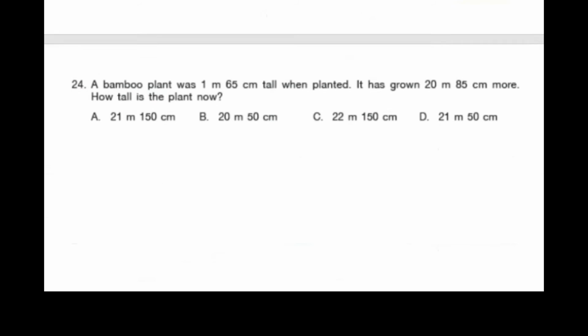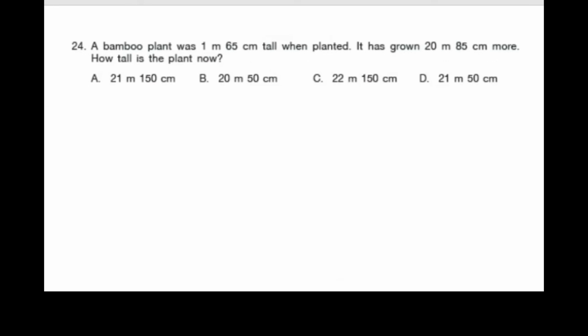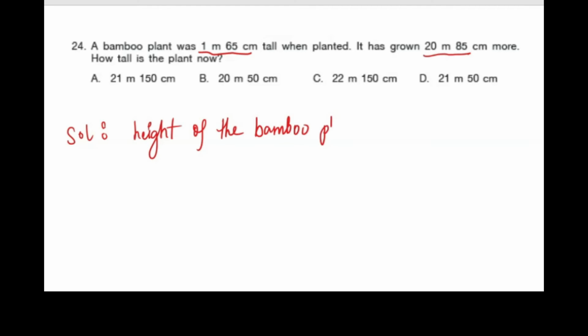Question number 24. A bamboo plant was 1 meter 65 centimeter tall when planted. It has grown 20 meter 85 centimeter more. How tall the plant is now? Let's solve. Height of the bamboo plant when planted, it was 1 meter 65 centimeter.